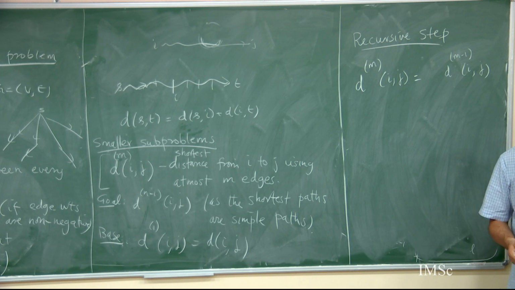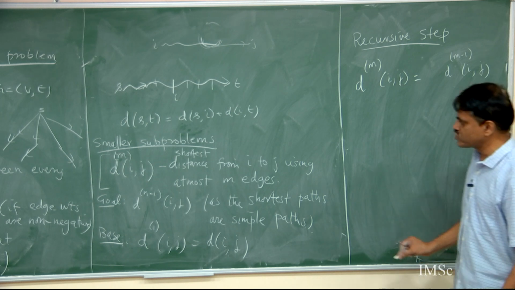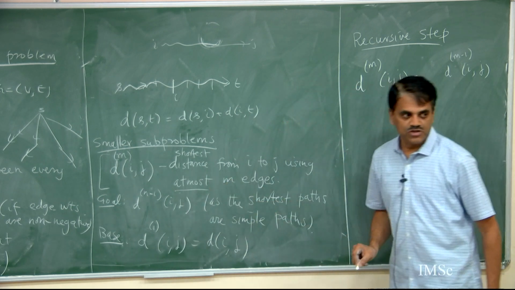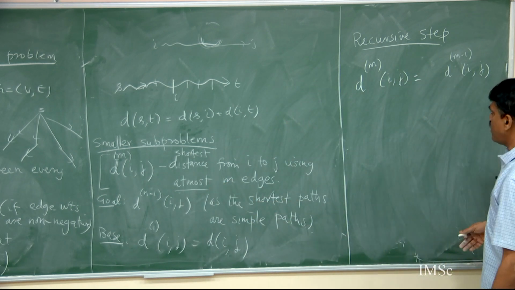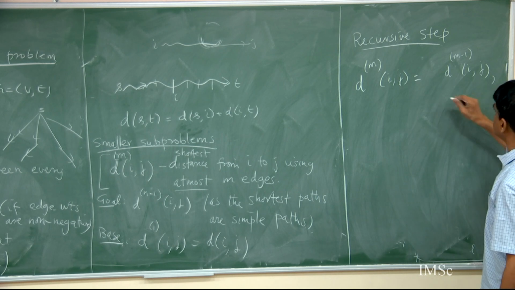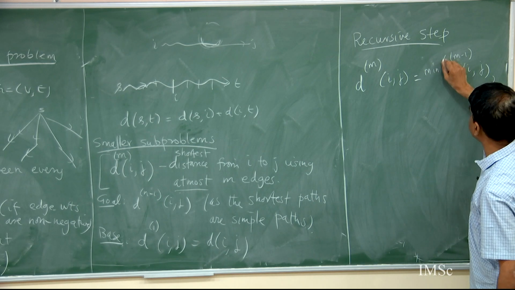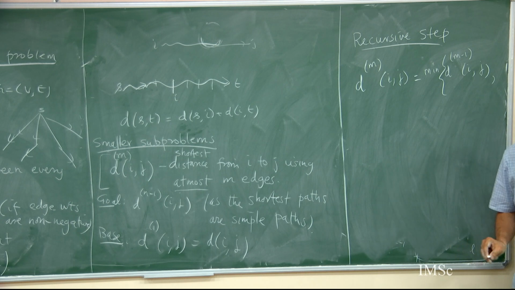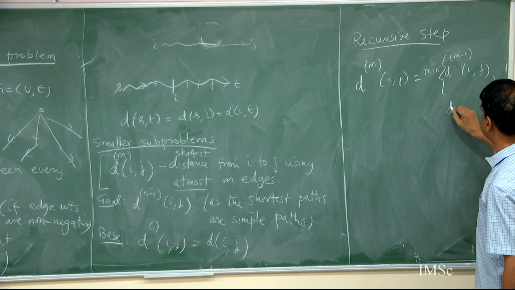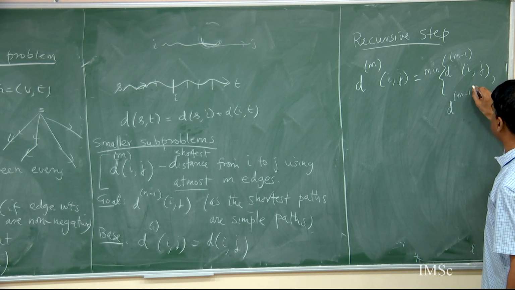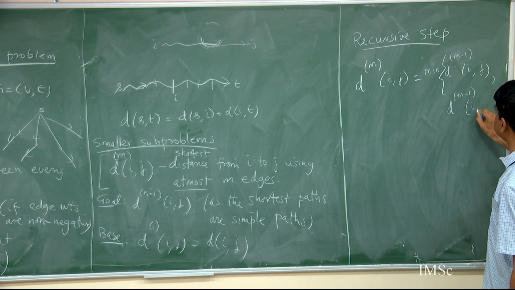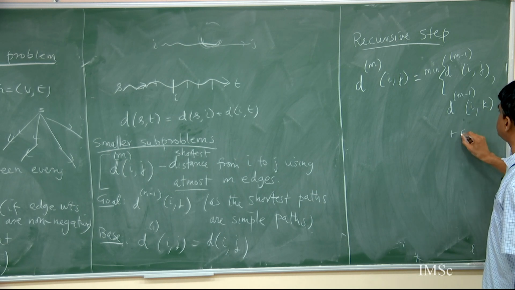So maybe the m minus 1 edges itself is the shortest path, because it's at most; I'm not insisting that you should use m edges. So it's a min of two quantities. Or d m minus 1 i to some k plus d k j.